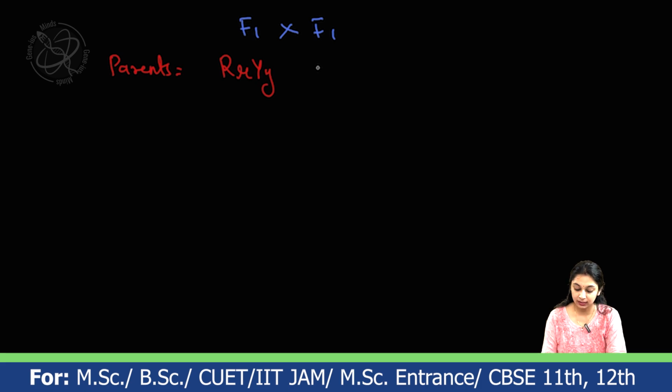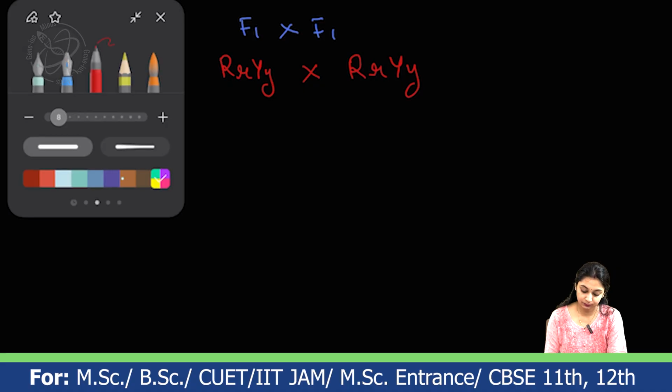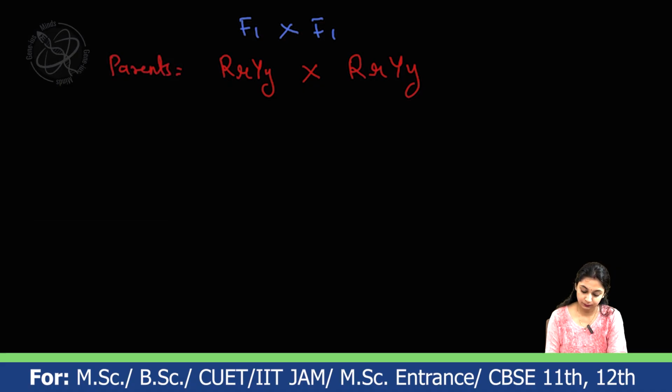Now let's start the second filial generation cross, where we are going to self-cross F1 with F1. What were the genotypes of the parents over there? Capital R small r, capital Y small y, crossed with capital R small r, capital Y small y. So this is your round yellow crossed with round yellow.